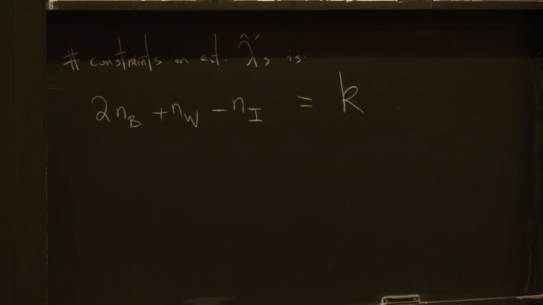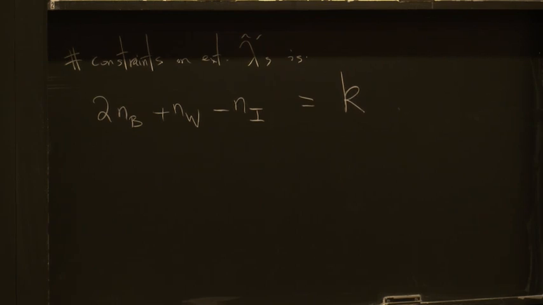Okay, so whatever those constraints are, I just have a bunch of linear equations relating all the lambdas to each other. I'm just eliminating all the internal lambdas. This is going to end up giving me k relations between the external lambda tildes.